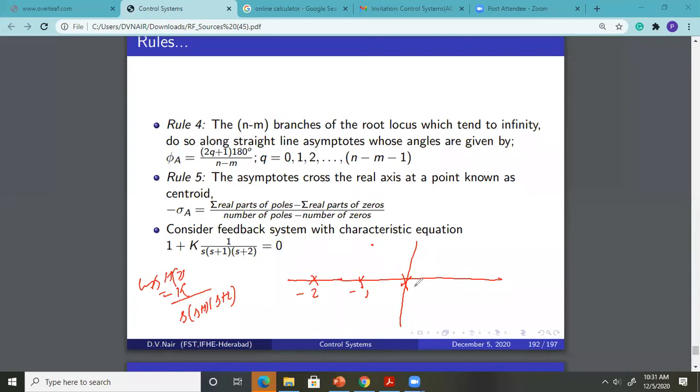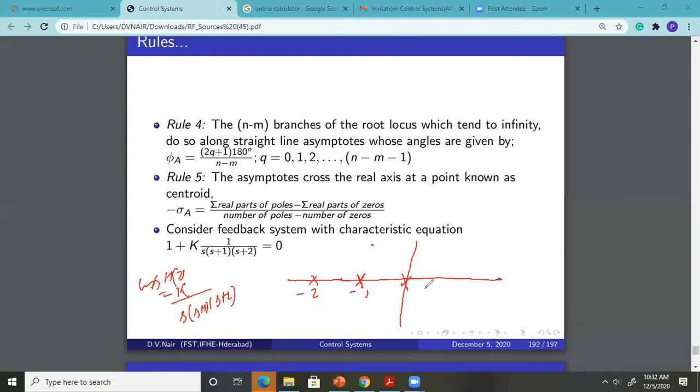Yes. So here my question is, what we have learned till now is that when a root locus starts at an open loop pole, it will terminate at an open loop zero, no sir? Correct. Yes, but here there are no zeros, so they all terminate at infinity, right? No finite open loop zeros are here.